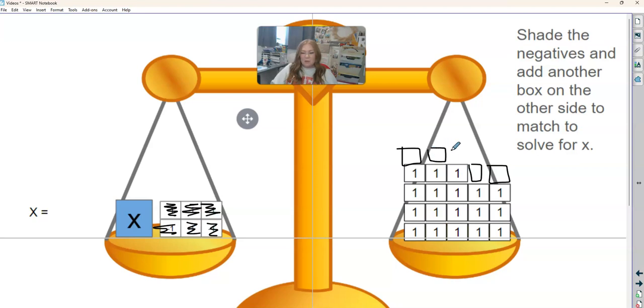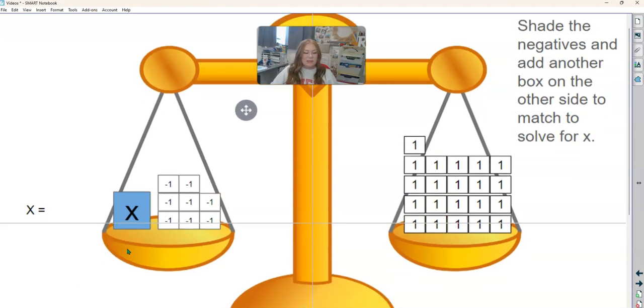So I need to add on 1, 2, 3. So now these are all canceled out. So I need to see how many are here. We were at negative, so we had to add on to get to 0 to cancel it out. And if I did it to this side, I had to do it to this side. So go ahead and count those up and see what X equals.